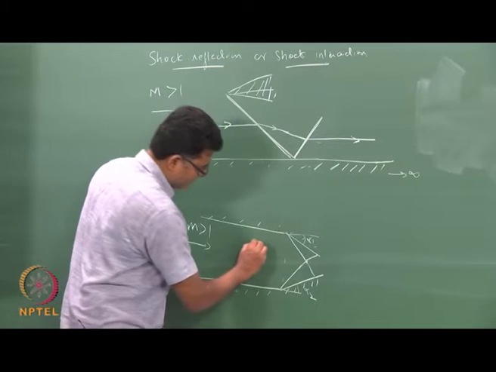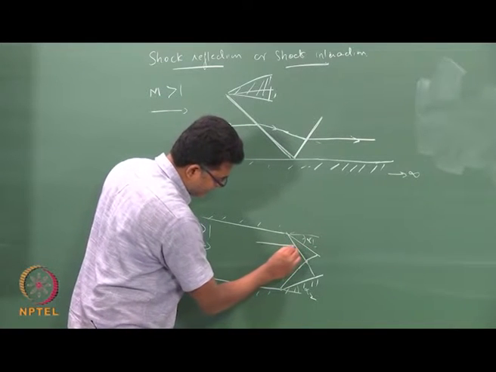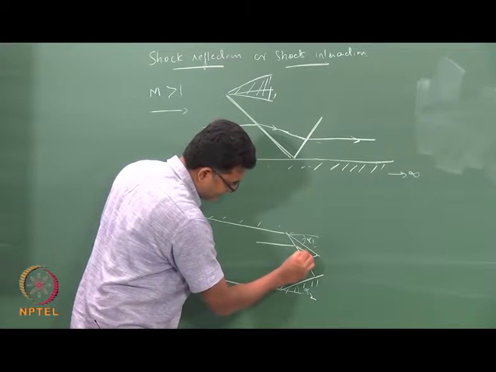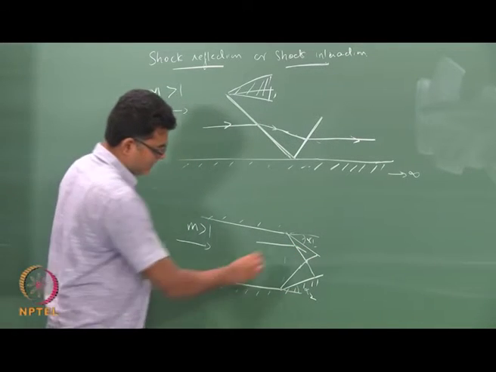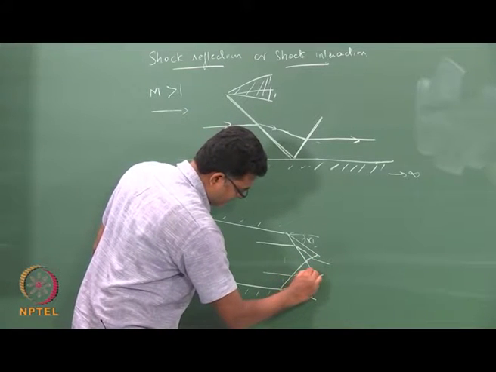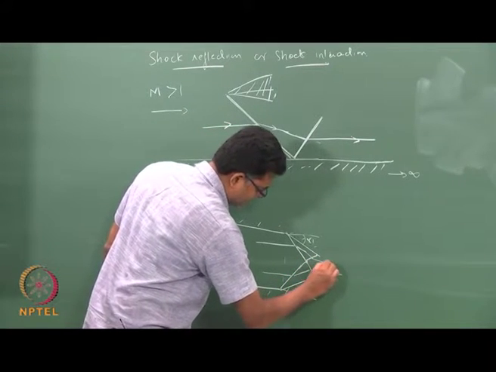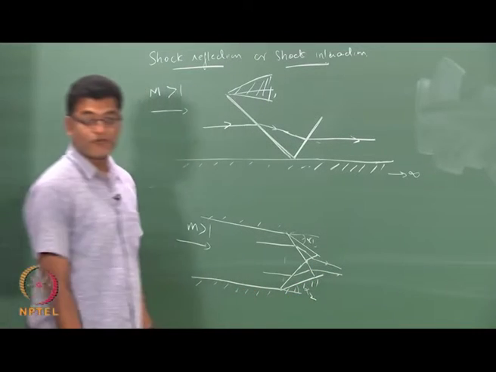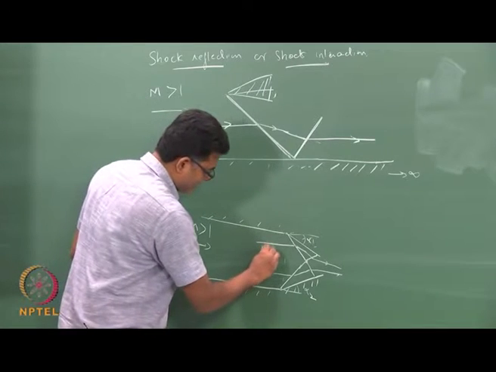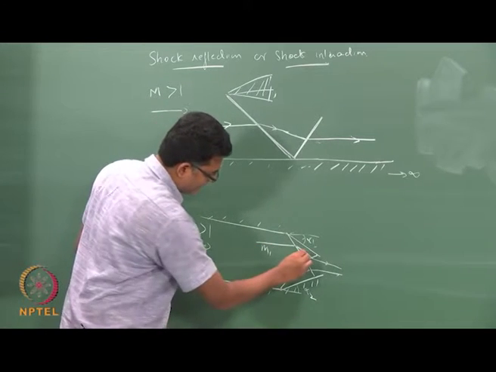Again, the flow direction you can get. So, if you know these angles, if you know the deflection angle from our theta-beta-M relation, you can further get the angles at which the outcoming flow is. So, you can have M1 greater than 1 here, and then you have a region here.